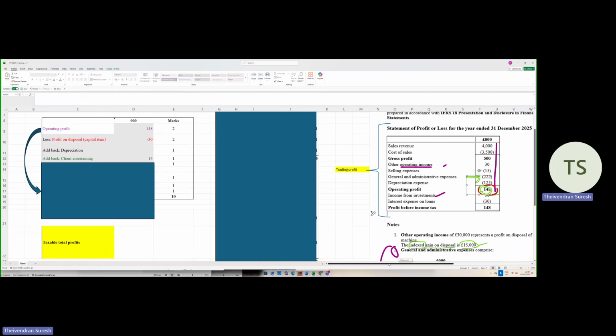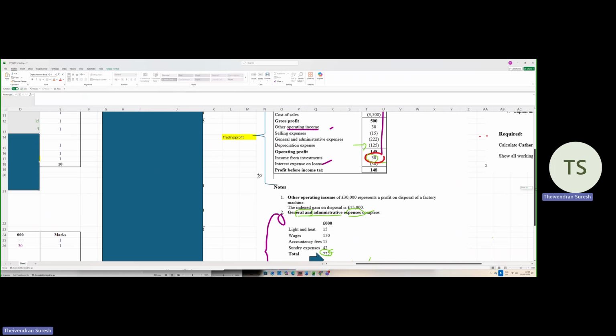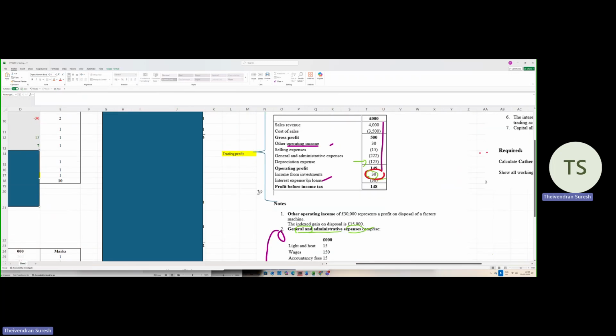That means we have to add back the qualifying charitable donations, this 7,000. That's note number 2, and we have done note number 3. In income from investments, they're talking about this 30,000.